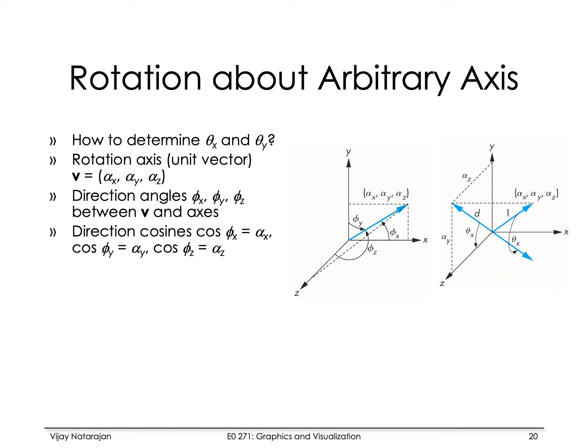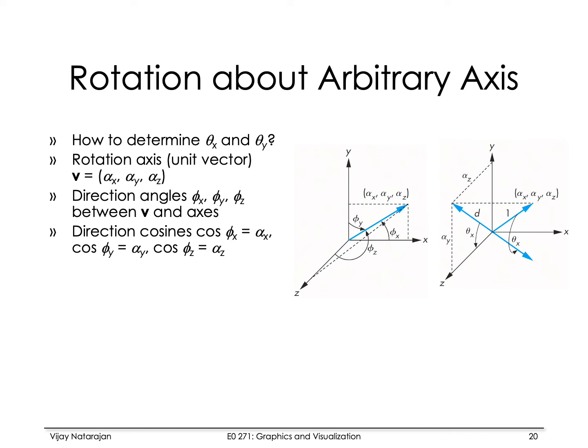So the rotations that we talked about are here. First, the vector v is rotated about the x-axis by theta sub x. So now what is theta sub x? If you look at the projection of this rotation, you will see that the unit vector gets projected to this blue arrow here, whose length is d.